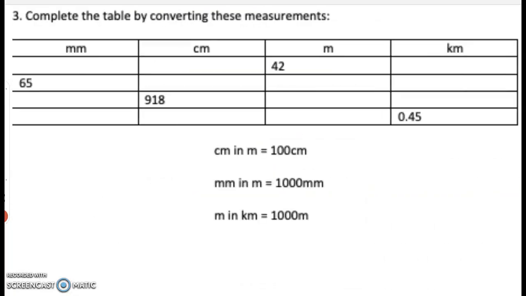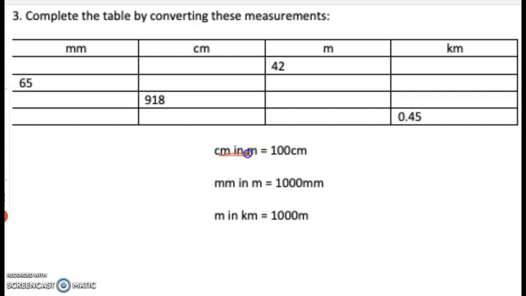But I've blown it up to make it bigger here for us to look at. So we have a clue here, 42 meters. Now I've also left us some clues as well here.